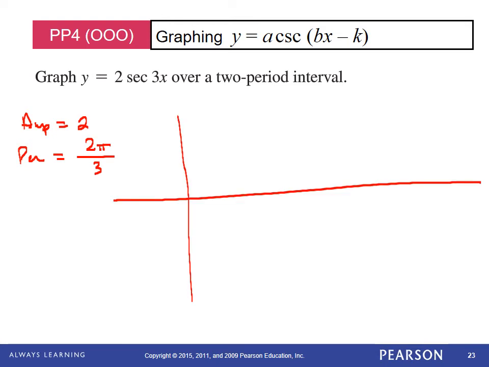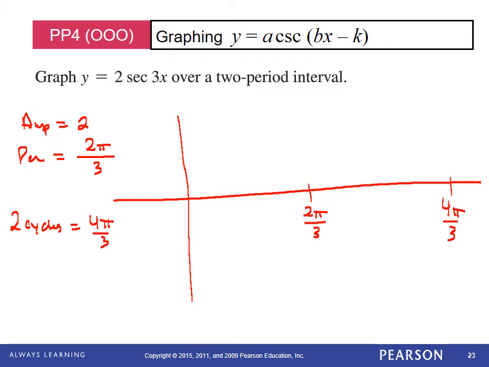So I start off drawing this out. We need 2 intervals here, so I'm going to double this right here. So 2 pi over 3 times 2 gets me all the way to 4 pi over 3. But let's take a look at the cycles. If one period is 2 pi over 3, that means 2 cycles will be 4 pi over 3. That's what I wanted to do here. All right, 2 pi over 3 graphed.